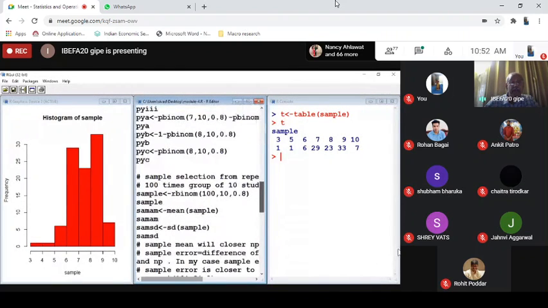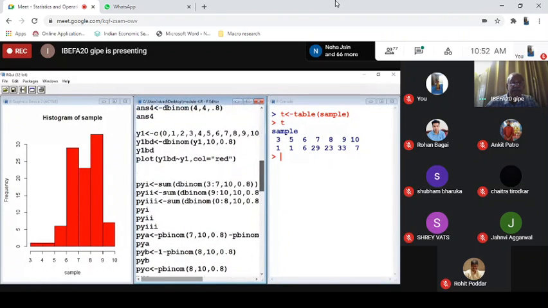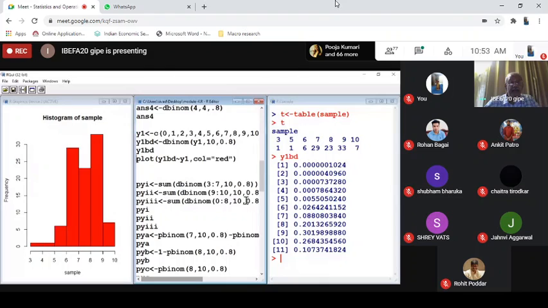dbinom, that was our earlier work. Look, 10 probability. For smaller values, smaller probability. As the value increases, probability also increases. 8, 9 probabilities are very high. And 10.